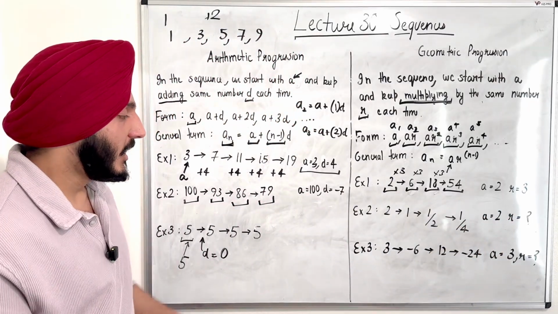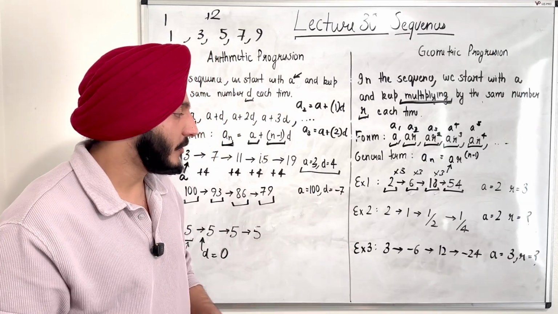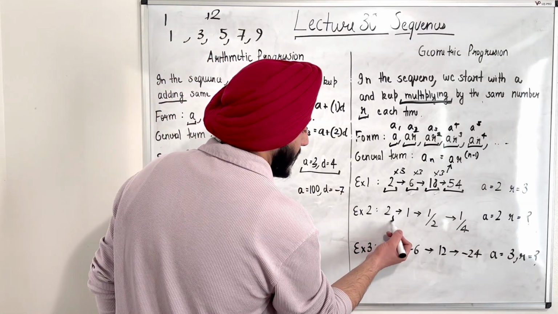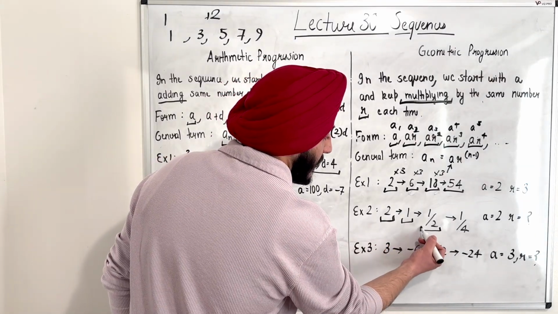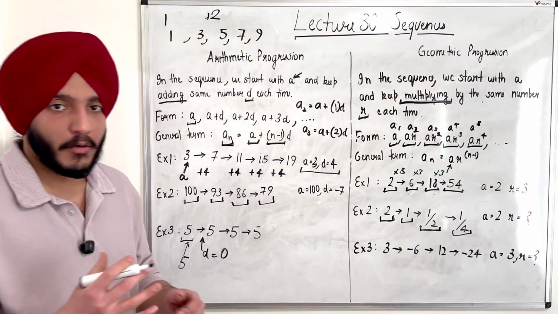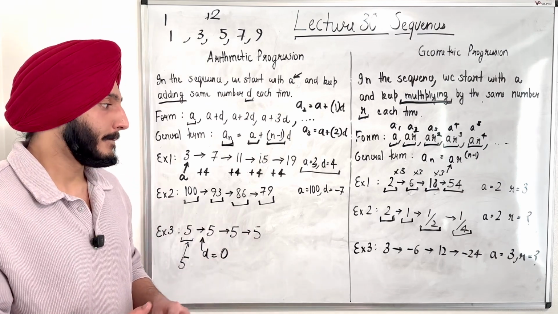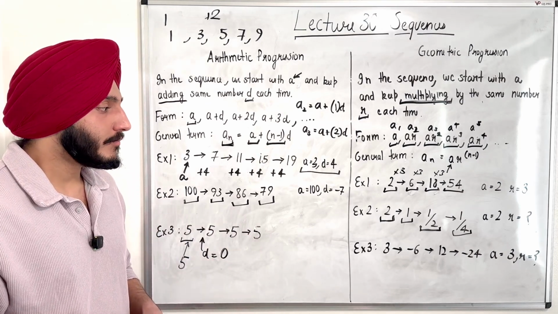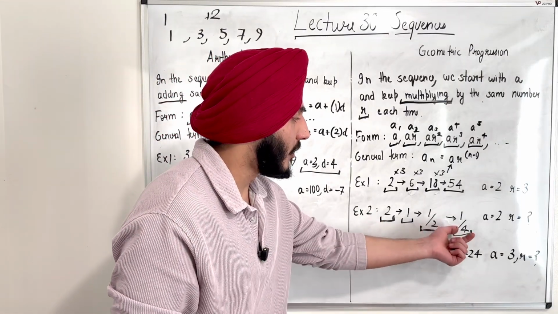In the second example, this is where I want you to find out what the R value is. If you look at this carefully, I started with the value 2, but then it decreased to 1, then to 1 by 2, then 1 by 4. Try to pause the video and figure out what exactly is happening in this case. So it went from 2 to 1 to 1 by 2 to 1 by 4.